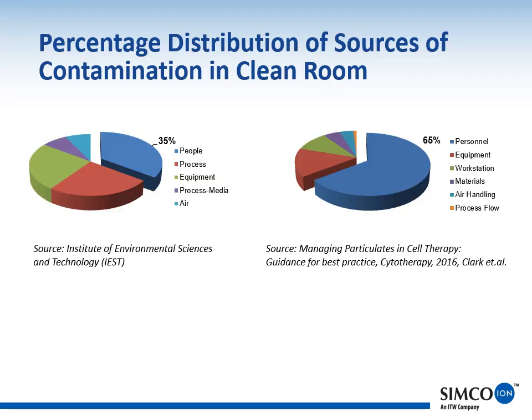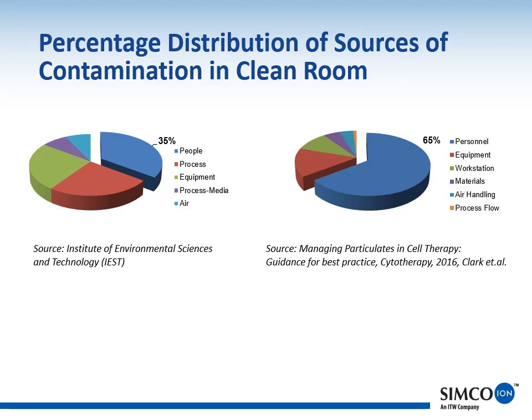Let's move now to another novel use of ionization: reduction of contamination caused by personnel. These two graphs represent studies performed by two different investigators in two very different types of clean rooms. The graph on the left was published by the IEST, the organization that publishes the cleanroom ISO standards. This study was done on a typical electrical fab cleanroom.